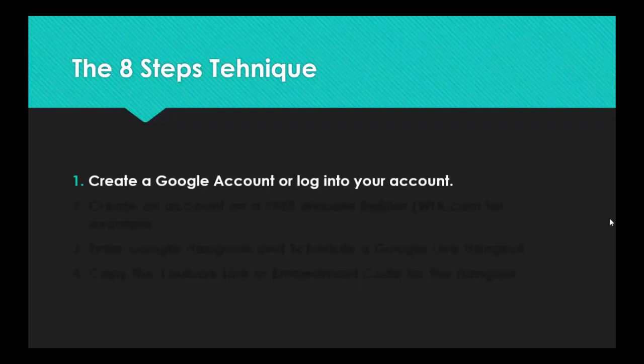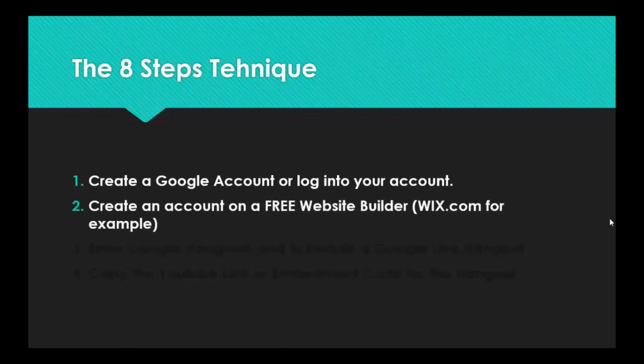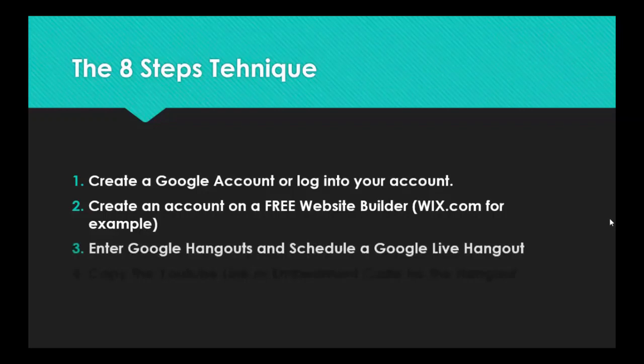You also have access to Google Drive and all the apps that Google has at our disposal for using. Then you need to create an account on a free website builder, and an example for that is wix.com, and I will show you exactly in a future video how to use that.